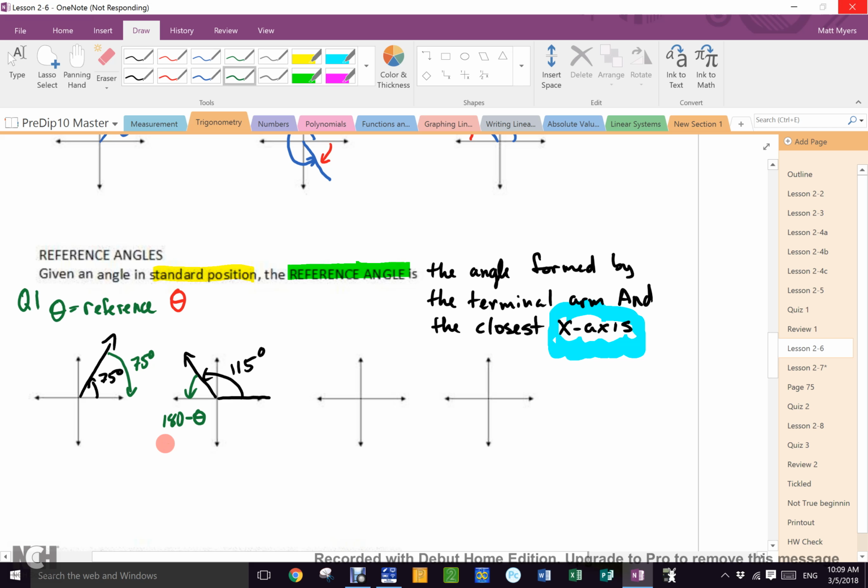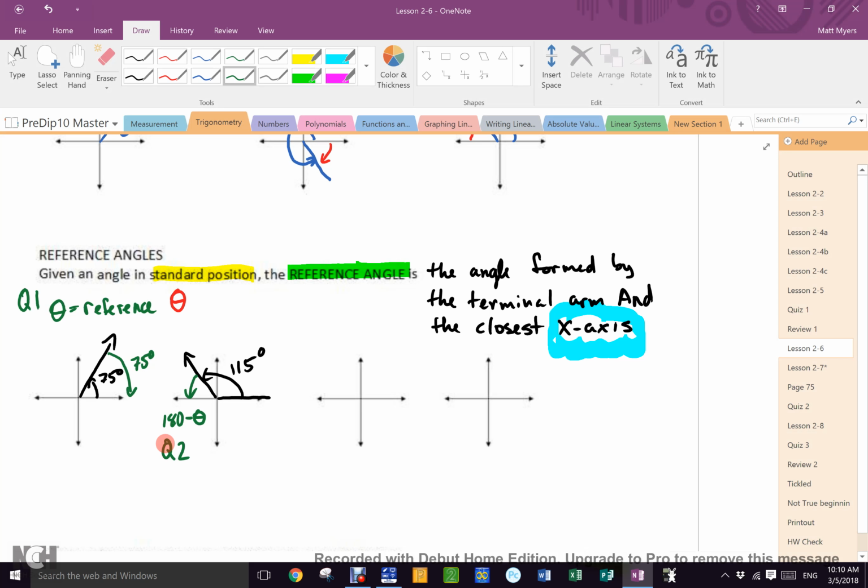Yeah? Okay. What is a value that will be in quadrant 3? That's a pain to draw. 220. Great, 220. Where's theta? 220. Where's the reference angle?